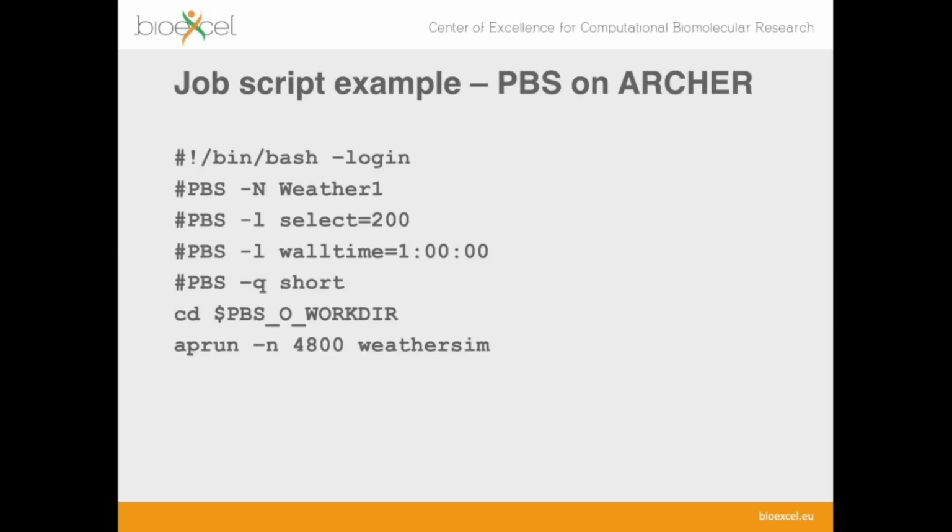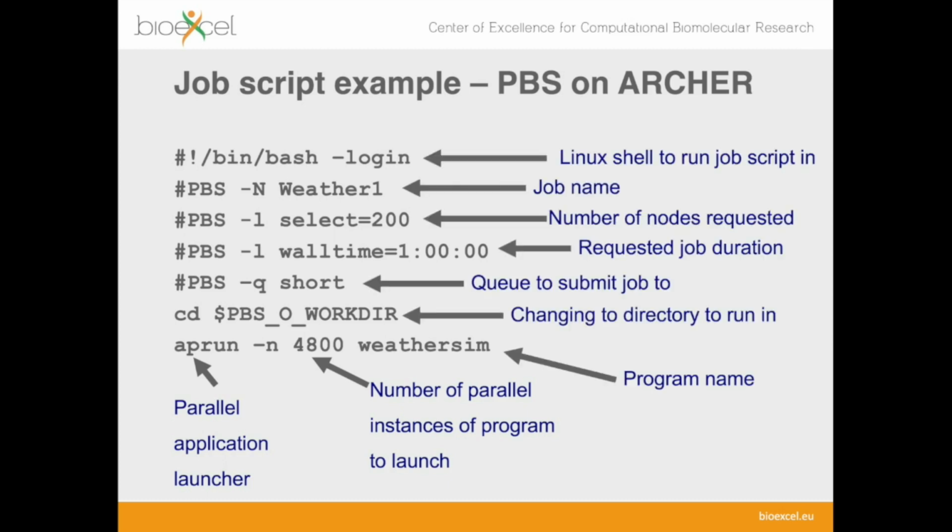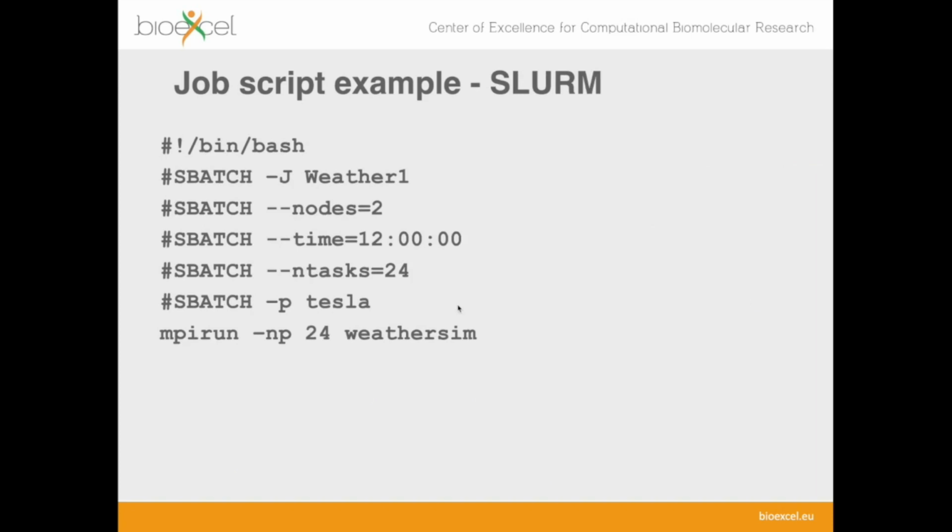Now, I won't go into much detail with regards to the actual job script examples, because there are concrete sessions on that. But broadly speaking, there are always two sections: a header that specifies resources, and then an actual parallel application launcher command that specifies what you want to run. Similarly for SLURM, a similar idea, but the terms and syntax are a bit different.